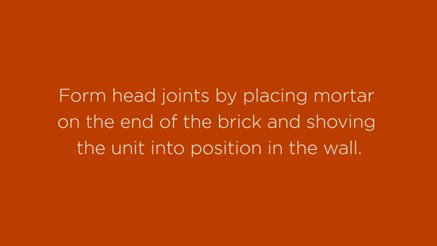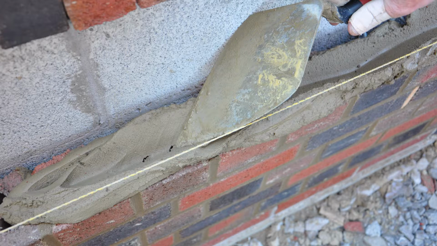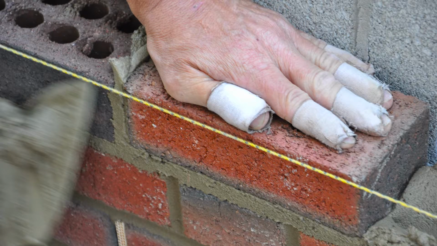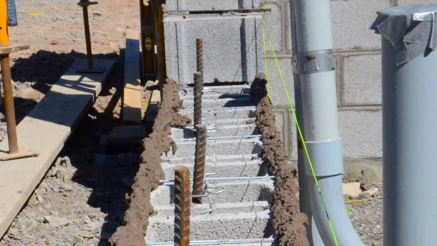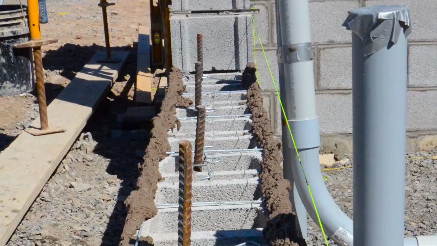Form head joints by placing mortar on the end of the brick and shoving the unit into position in the wall. Do not deeply furrow bed joints. And head joints should be formed by shoving the mortar tight to the adjoining unit. Workmanship has a substantial effect on strength and bond.